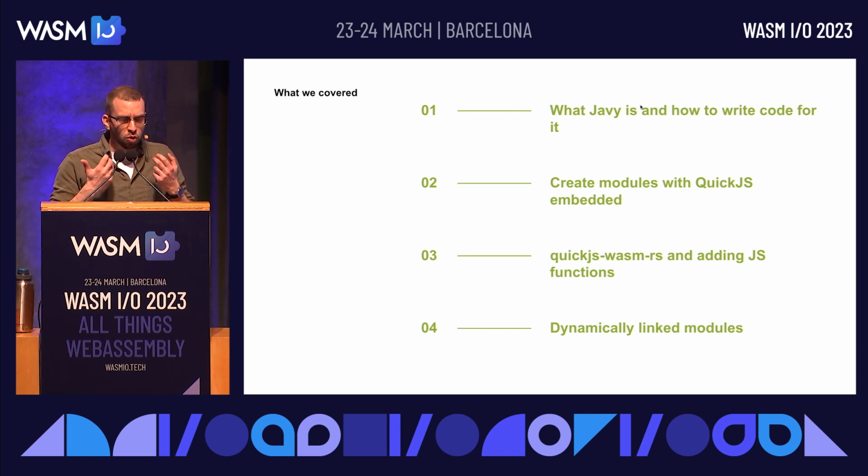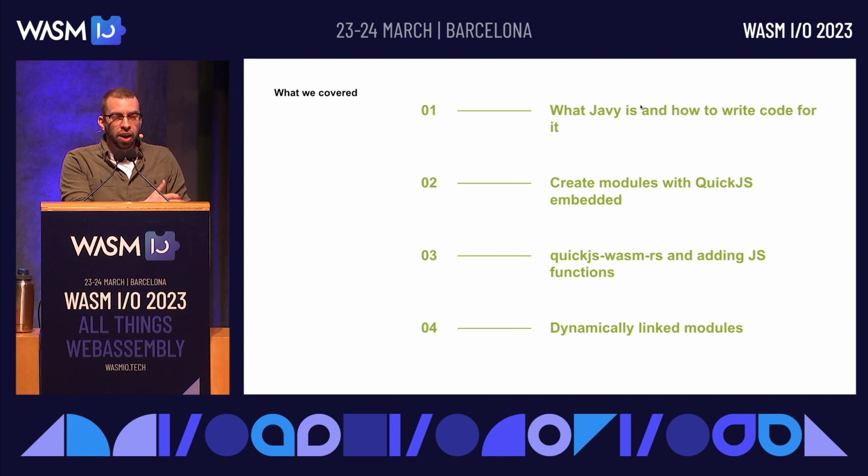So again, just to reiterate what we went over: what Javy is, how to write some high-level JavaScript code for it, what the input and output flow looks like. We went over how to create modules with Quickjs embedded inside the module. We went over a quick tour of Quickjs Wasm I, which you can use today to build all sorts of applications and compile those into WebAssembly modules so they can be executed in a variety of environments.